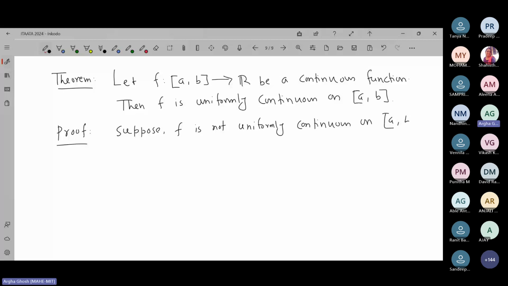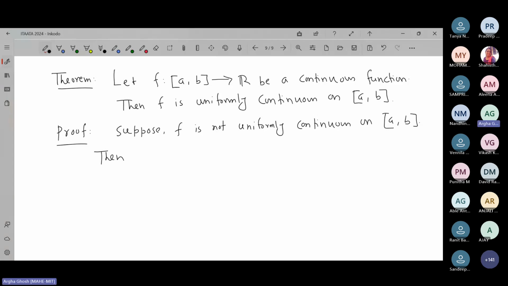Then what can we say? What is the implication of this statement, that f is not uniformly continuous on [a, b]? So there exists an epsilon for which we will not be able to find a delta.